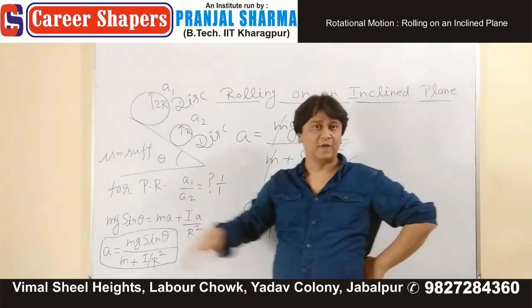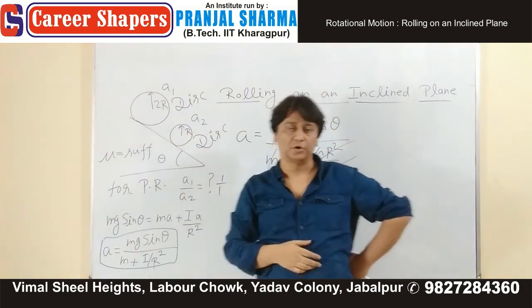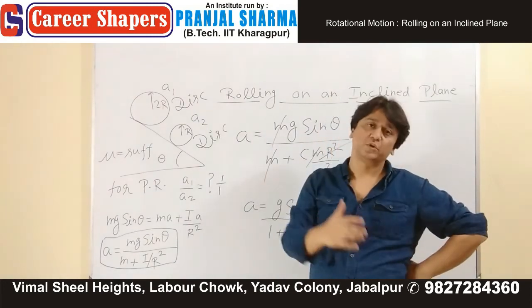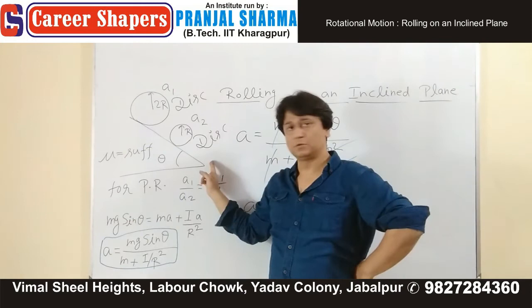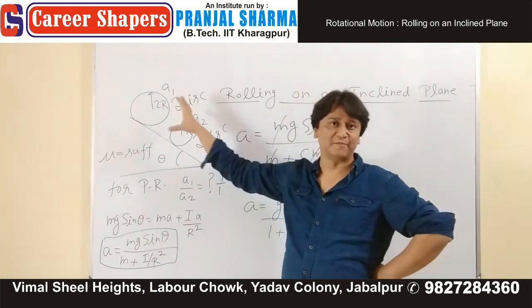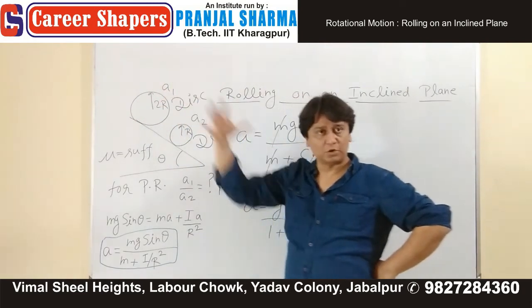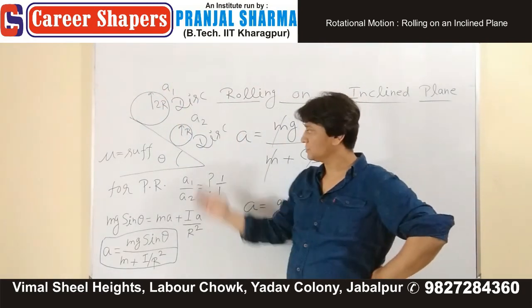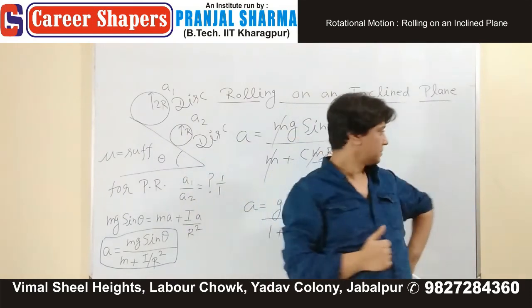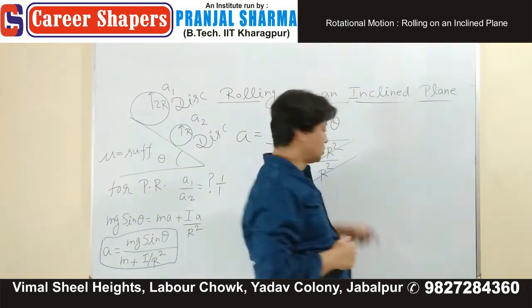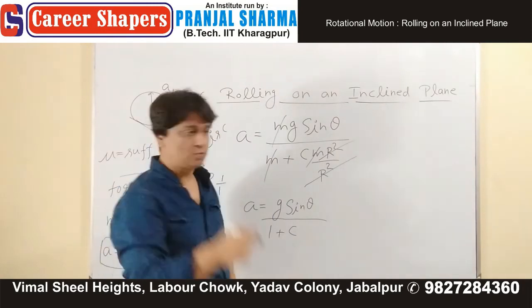And you will find that they are coming down with same acceleration. If they are coming down with same acceleration, how will you know? They both will reach the ground provided you release them from the same position. If you release them from the same position, then they will both come down at this point after the same time. So it gives us the next question like this.